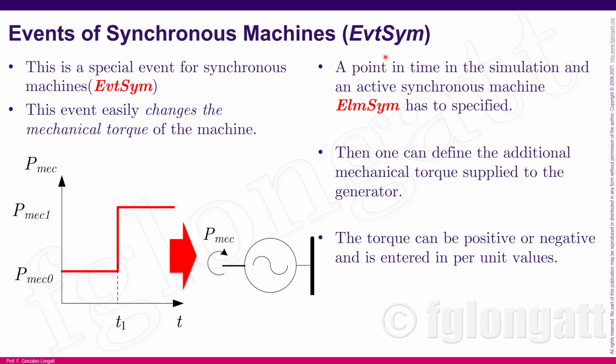You can increase the torque from torque 0 to torque 1, or decrease it also, or define a ramp, okay? It's very important that you understand that this event can be used. For instance, I will use this one for a small signal stability analysis.